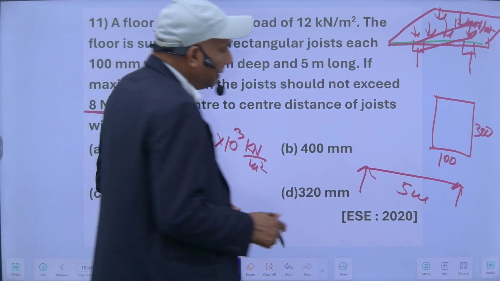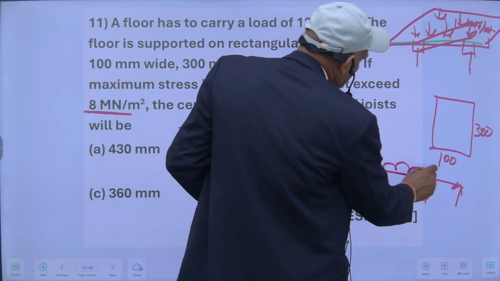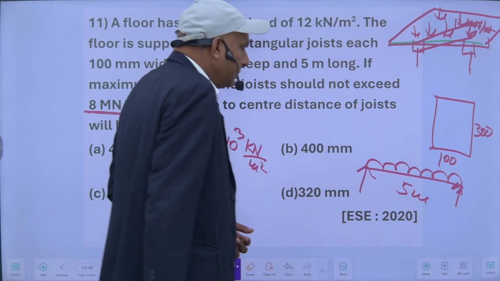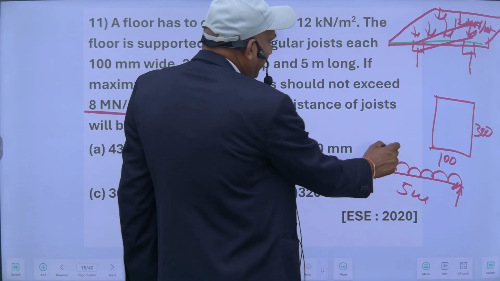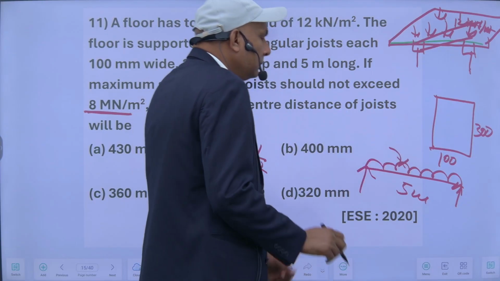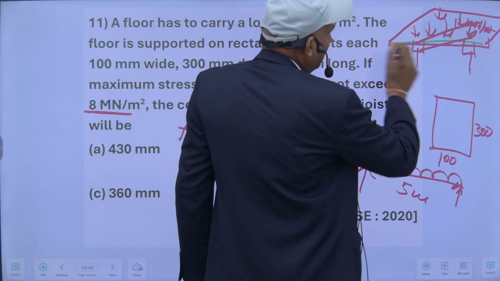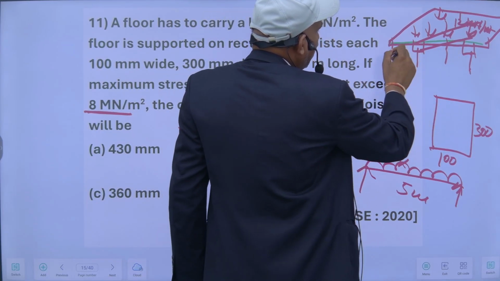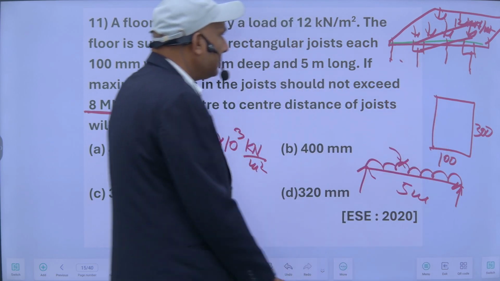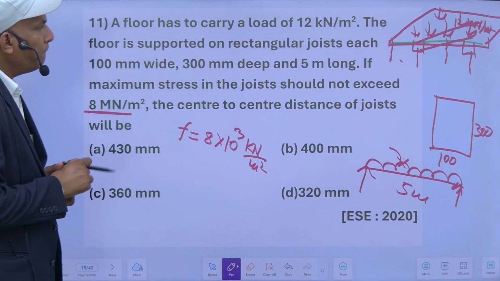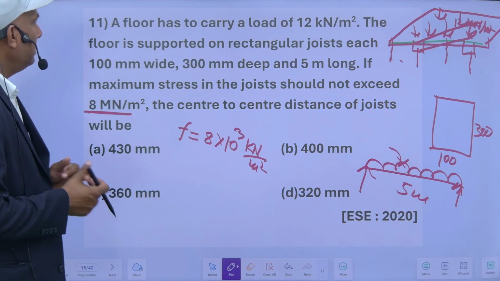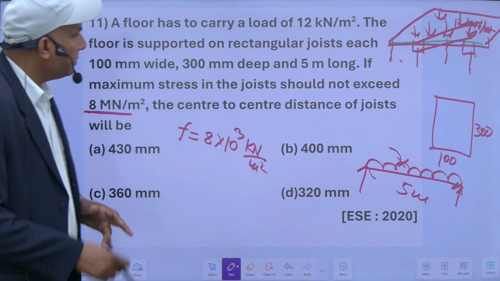Now there will be a load of the floor which will act, and this W will be how much? The load on the joist is basically half of this portion. So how much is the spacing? This load is 12 kilonewton per meter square.